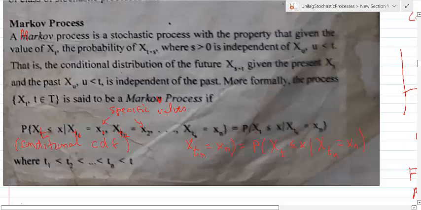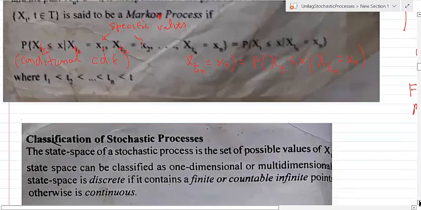And this probability, as I've written down here, is the same as the probability that x_t is less than or equal to x, given that x_{tn} is equal to xn. In other words, x at time t, conditioned on past values of the random variable x, only depends on the most recent value. So we'll be working with Markov processes quite a bit, and I hope you'll be able to develop your intuition of what this means. It's important to have a picture in your mind.